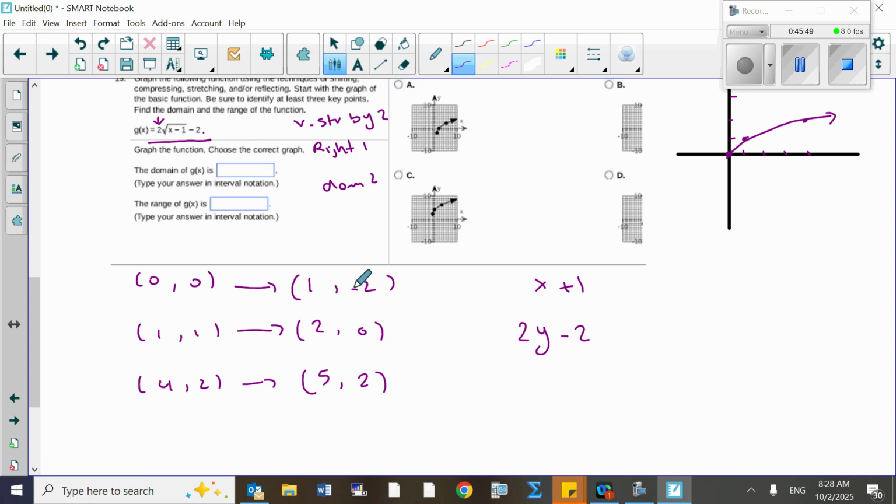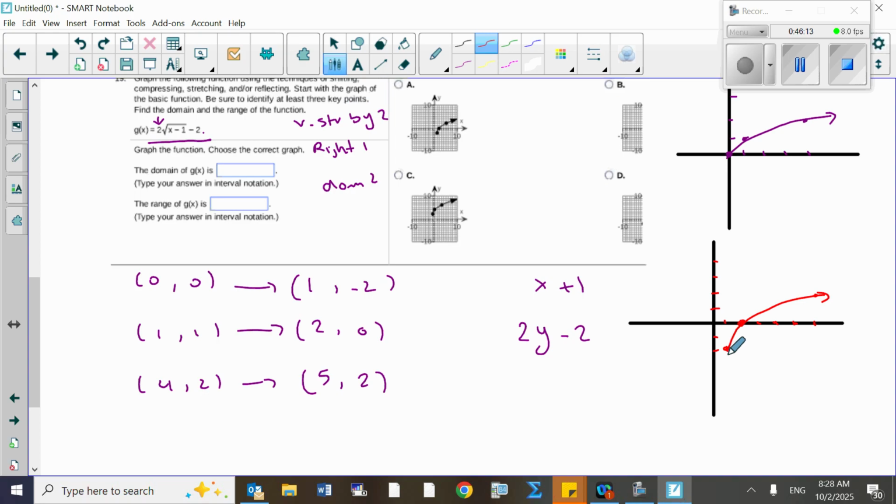Now I'm going to use this to graph my transformed function. Okay, so first point (1, -2). So when x is 1, y is negative 2 here. When x is 2, y is 0. When x is 5, y is 2. And now I follow the same pattern and graph my function.